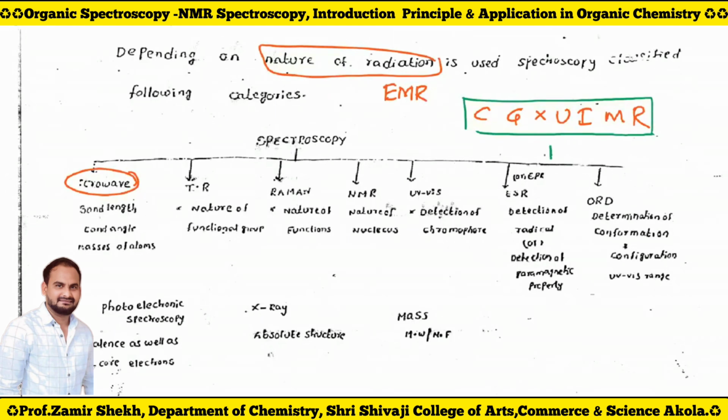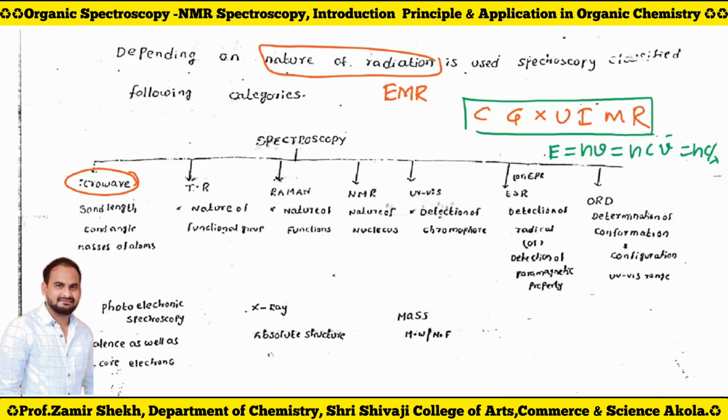And you know that there is a principle, that is E = hν = hc ν̄ = hc/λ. So cosmic rays are highly energetic radiations, while radio frequencies have the highest wavelength. Okay, you can compare those factors, and based on the electromagnetic radiation, we have classified into different techniques.